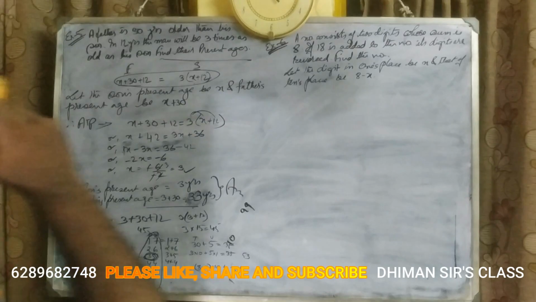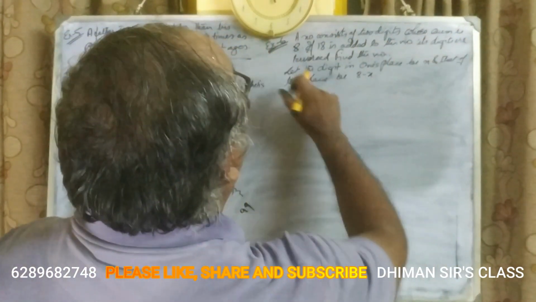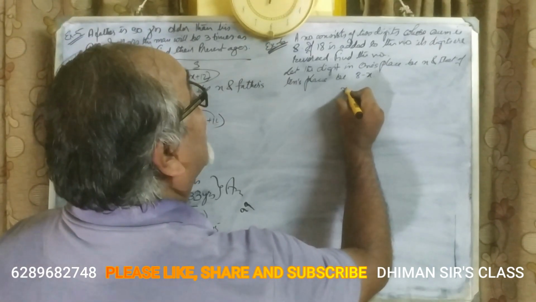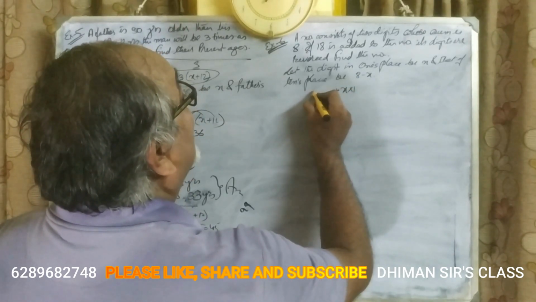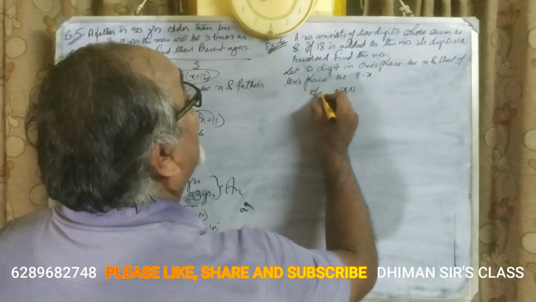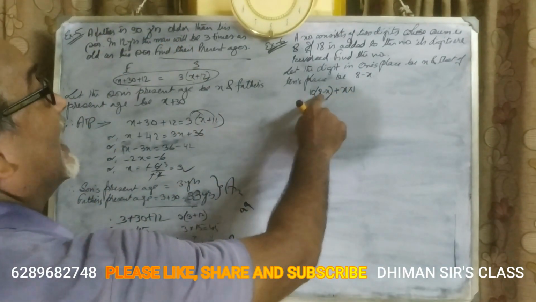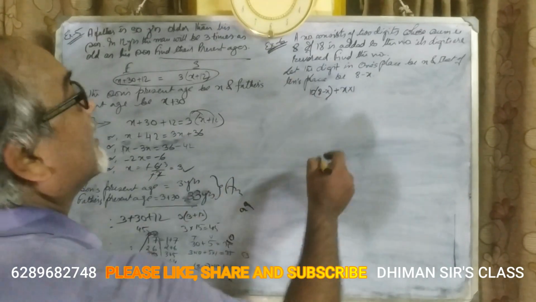A number consists of two digits whose sum is 8. So, what is the number? Ones place is x into 1, added to 10 into 8 minus x. This is the tens place, 8 minus x, 10 into 8 minus x, plus ones place, x into 1.